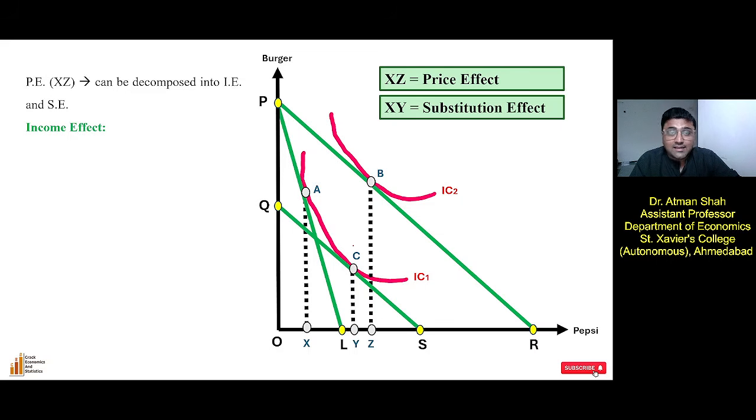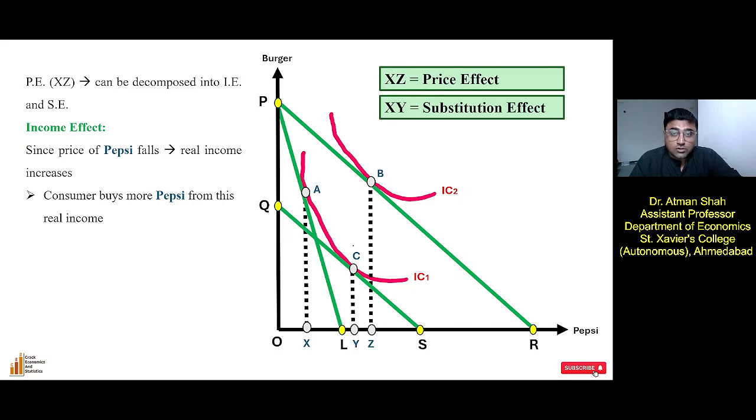Now let's understand income effect. Since the price of Pepsi falls, real income increases, so the consumer buys more Pepsi from this real income. Now, we have taken that income hypothetically, so you give back this income again to the consumer. So we are back to price line PR. On PR, B is the equilibrium point, so the consumer purchases OZ units of Pepsi.